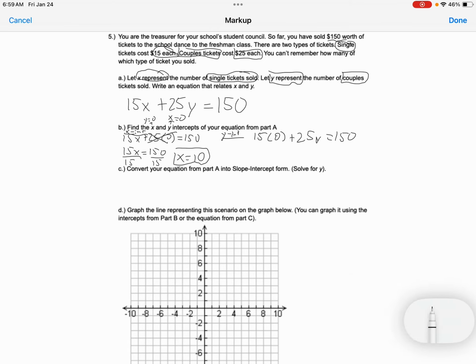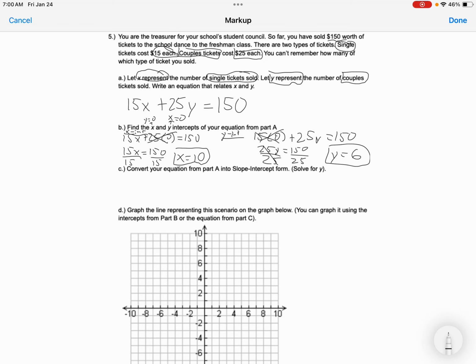Again, 15 times 0 is 0, so that cancels itself out, giving me 25y equals 150. We solve for y by dividing by 25, giving me y equals 150 divided by 25, which is 6. So that would be my y-intercept.